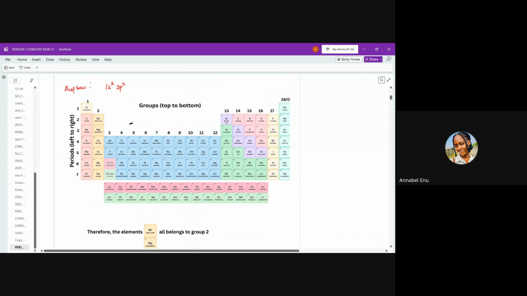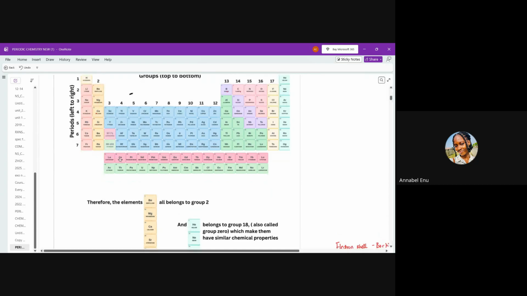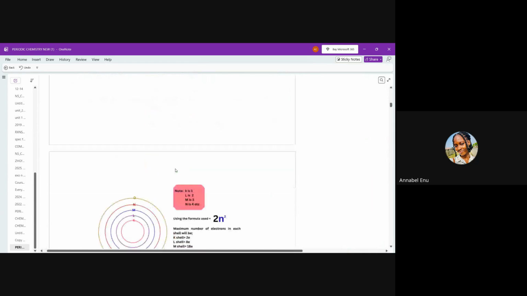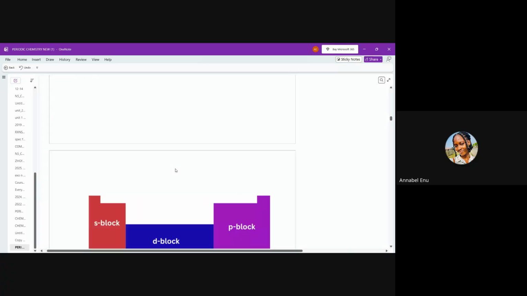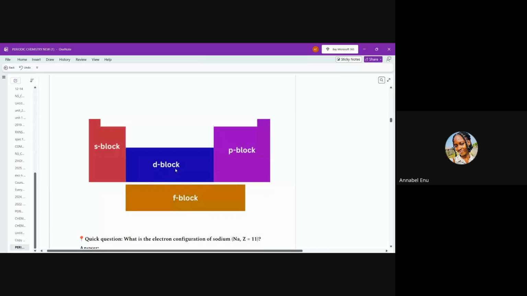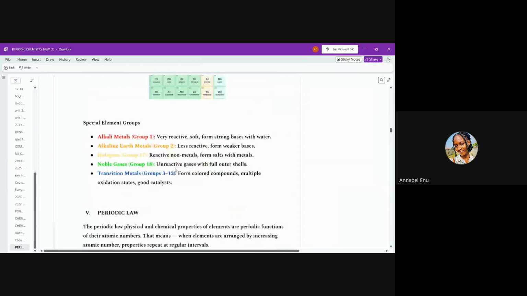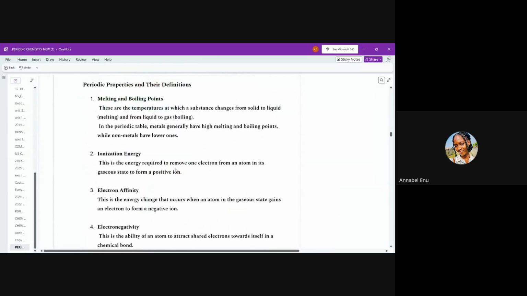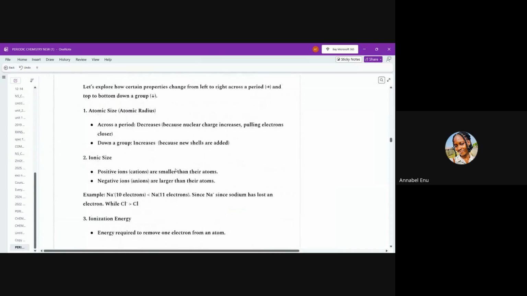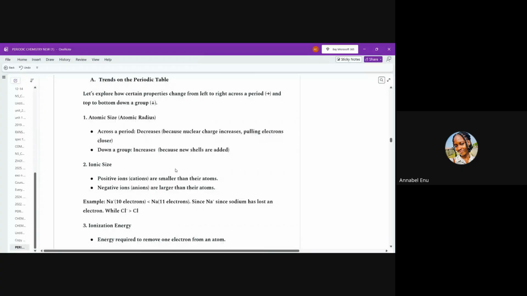Okay, then this group of non-metals are the p block. Then transition metals in the middle are the d block. That means their electronic configuration will usually end with a d. We are using the Aufbau method. And these ones at the bottom, lanthanides and actinides, are the f block. Okay, just as we can see it here. Now we said we'll be looking at trends in the periodic table. The first trend is atomic size.